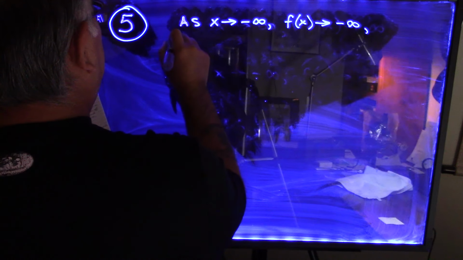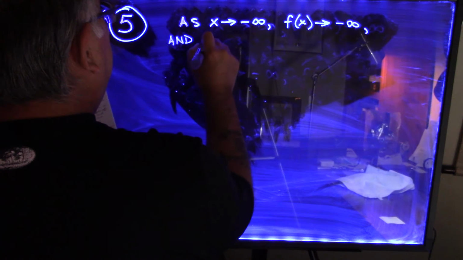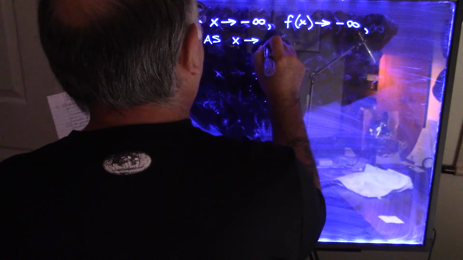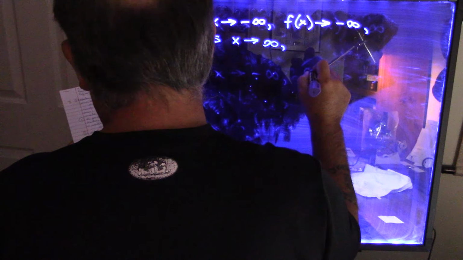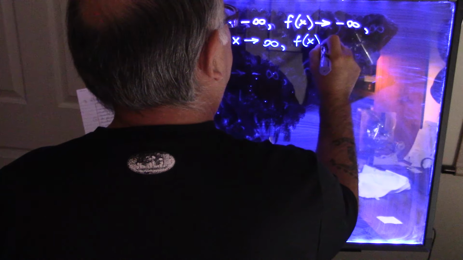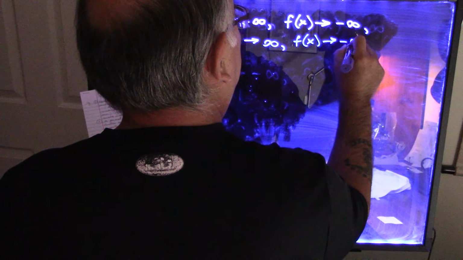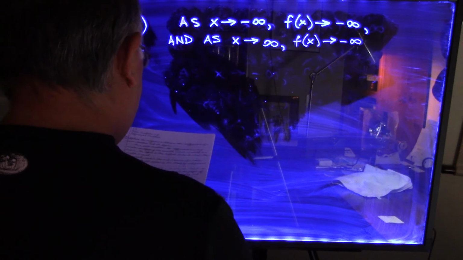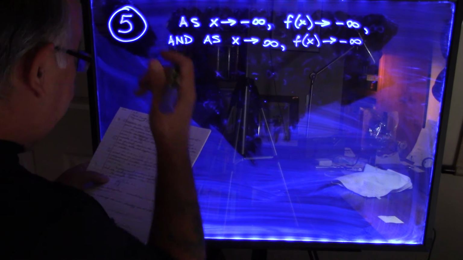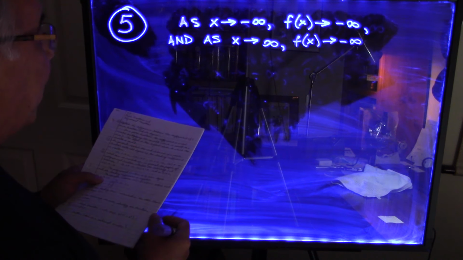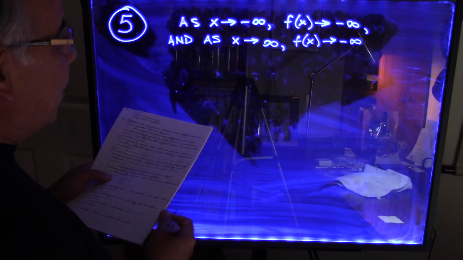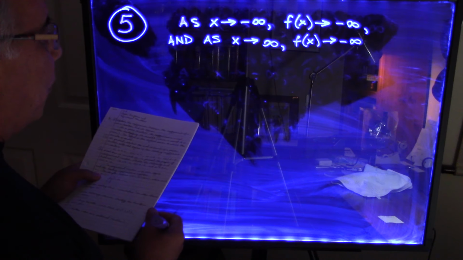And as x goes to positive infinity, f of x also, well, f of x goes to negative infinity. Uh-oh. So what can we conclude from that? Well, the polynomial function must be of even degree, and the leading coefficient must be negative.